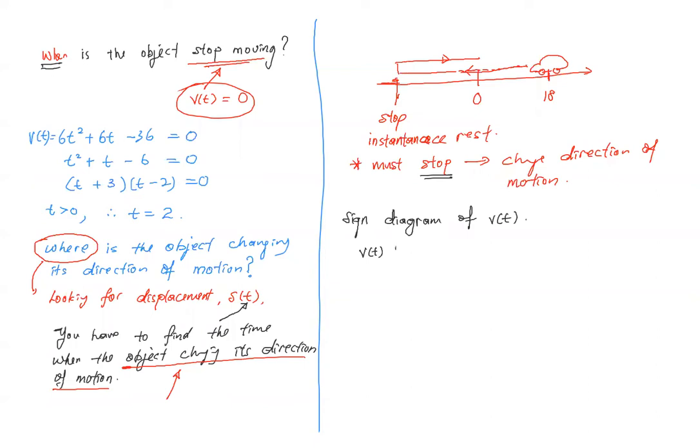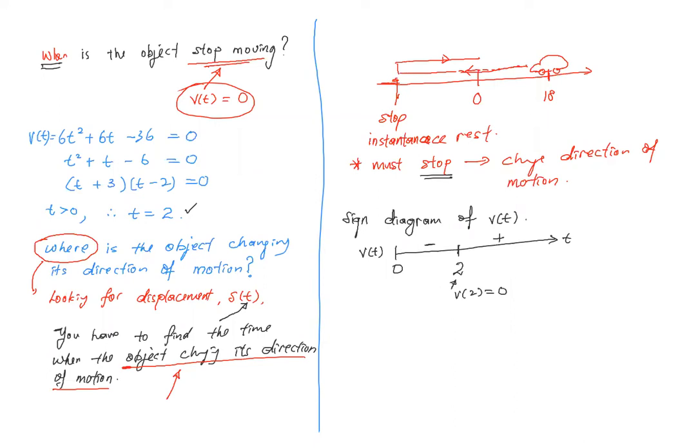So every time when you talk about motion in the straight line, you have to be very careful. Time always starts from 0 onward. So from this part, we get t equal to 2, correct? So from 0 to 2 seconds, the particle is moving to the left. You can use your graphic calculator to get you the sign. And this one moving to the right. So here, v(2) equal to 0.